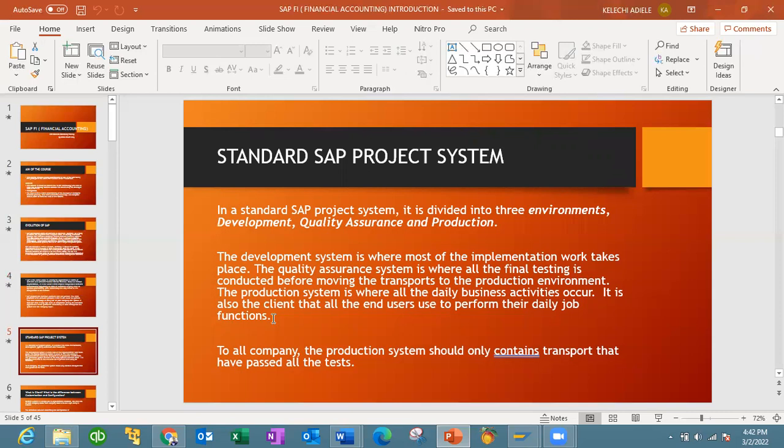Of course, SAP has three very popular environments which you're already familiar with. We have the development environment, the quality assurance, and the production.